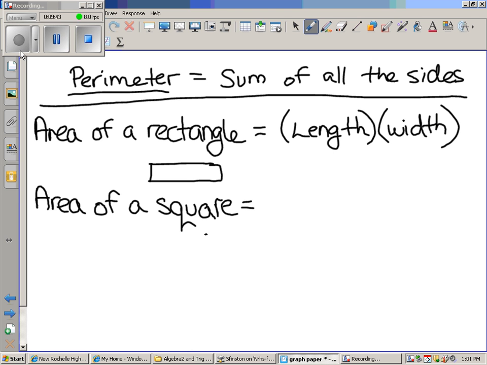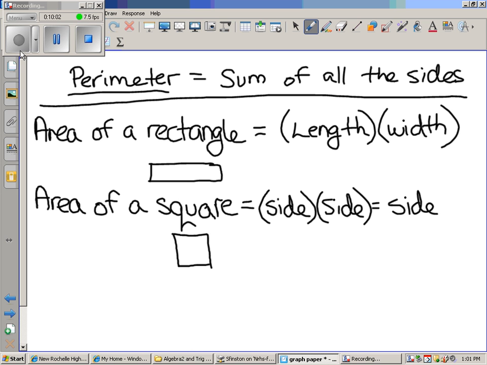Because, Joe? All the sides are the same. They are an equilateral rectangle. Since all the sides are the same, it's just going to be side times side. And another way that you could say that is that you are doing the side squared.